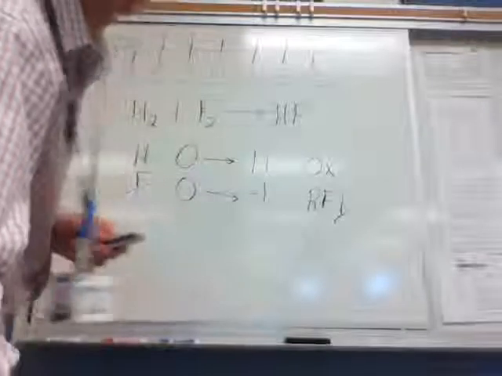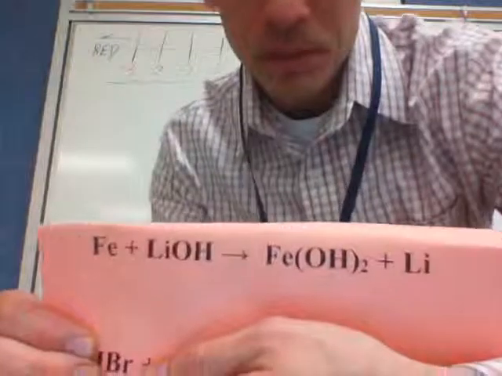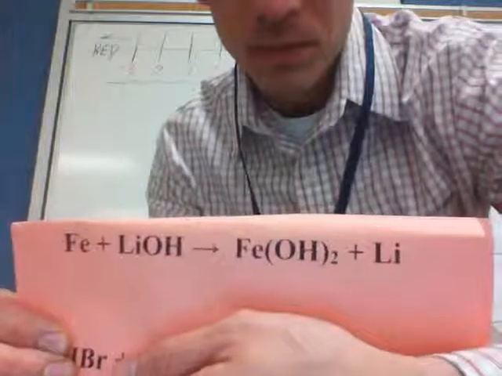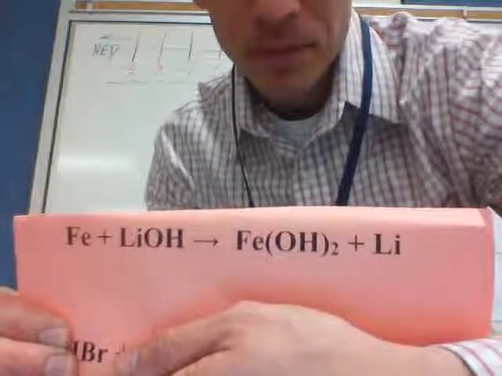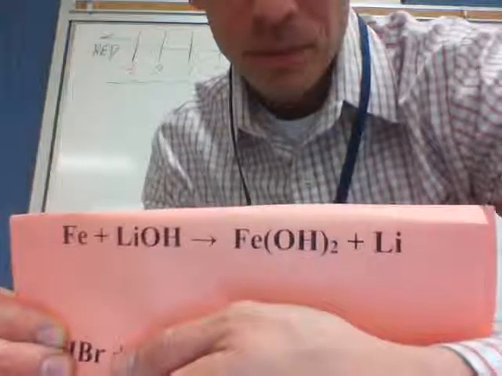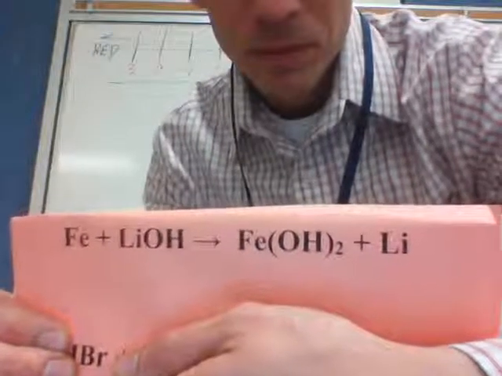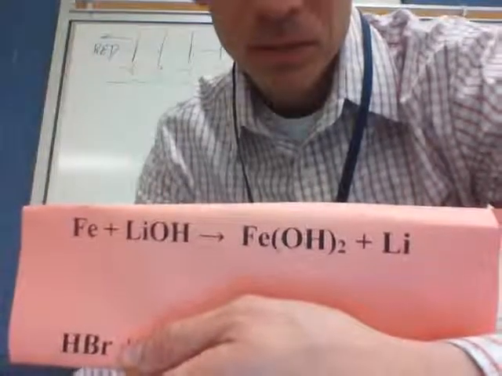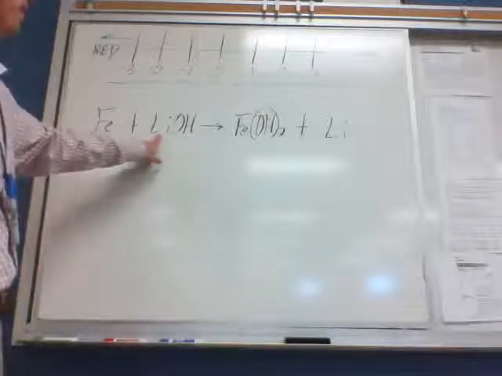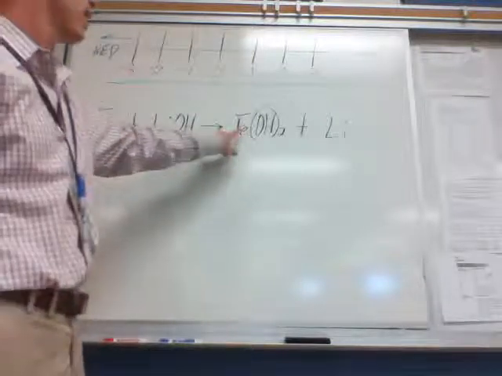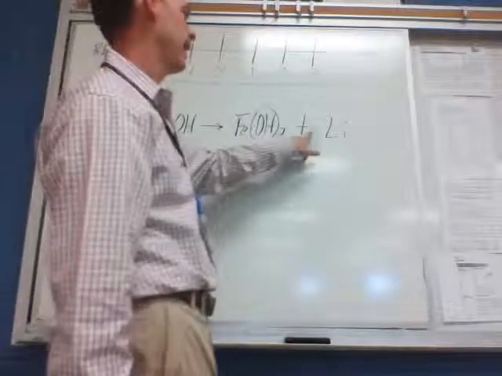Let's do another one. Iron reacts with lithium hydroxide to produce iron 2 hydroxide and lithium.